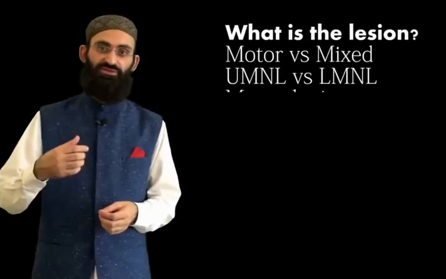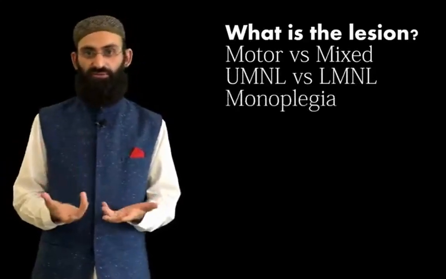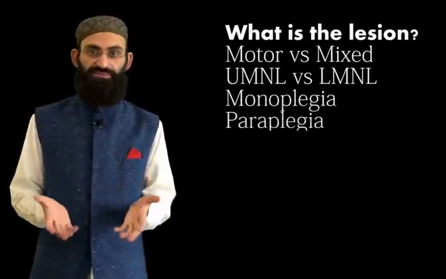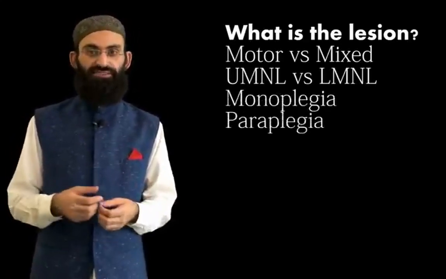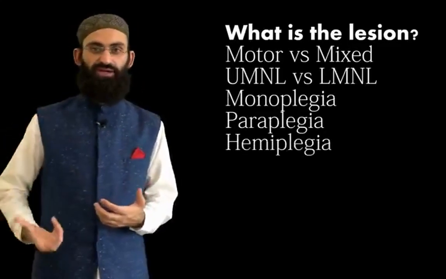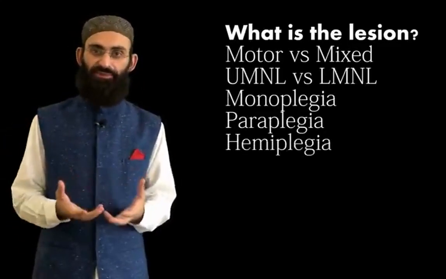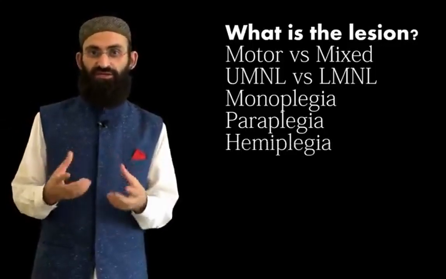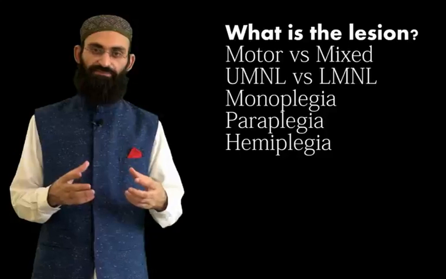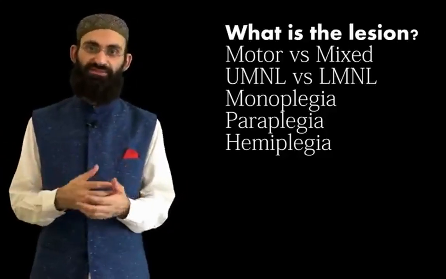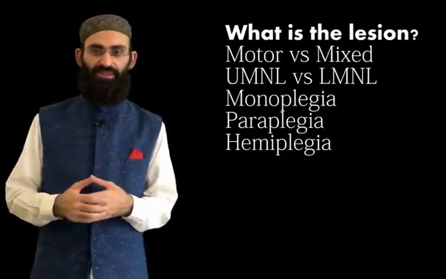Whether it's weakness of one limb, which is called monoplegia, whether it's weakness of both lower limbs called paraplegia, or it's weakness of one half of the body, for example right upper and right lower limb, called hemiplegia. Then again, on the basis of the severity of weakness, we can call it as paresis when there is partial weakness, or plegia when there is complete paralysis.